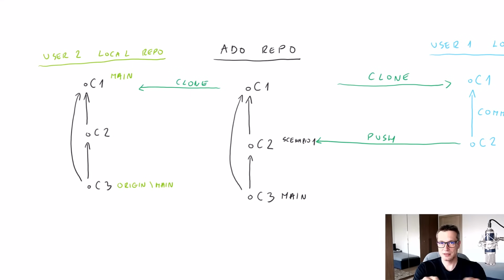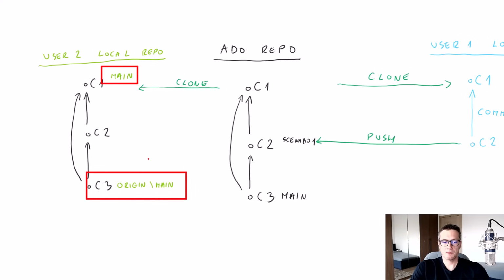And what pull does is a combination of two operations. First, it fetches the data, like we did previously, and then it merges your branch, the one that you are in, its origin version with your local one.